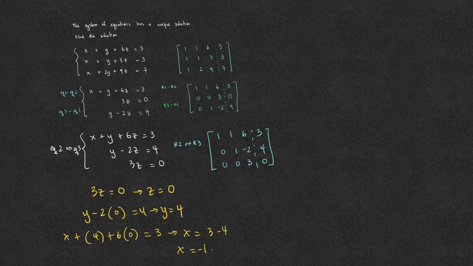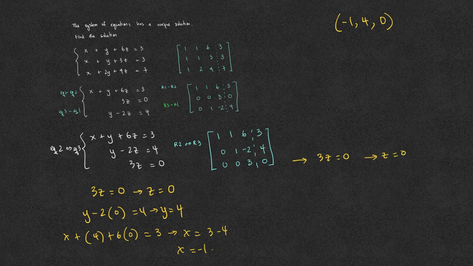The solution to the system of equations is an ordered triplet where x is negative 1, y is 4, and z is 0.